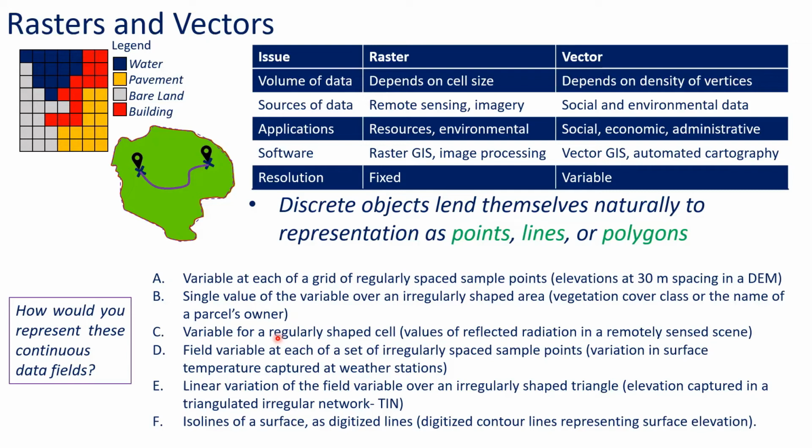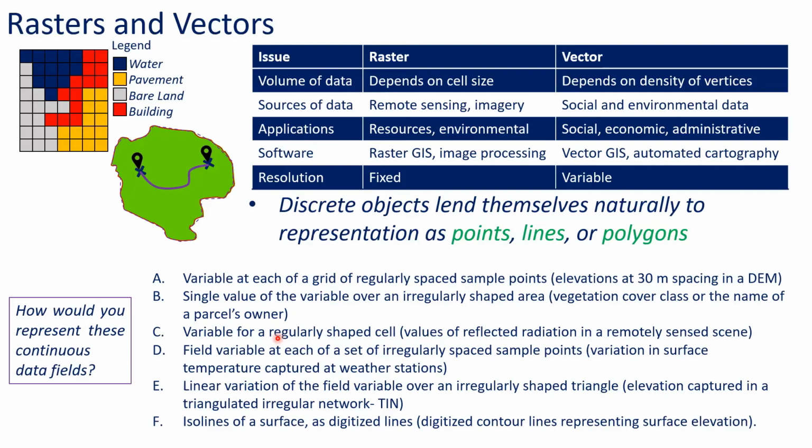Right, so 5 minutes have passed. So tell me what. Okay, A raster, B vector, C raster, D vector, E vector. Okay. A is raster, variable executed regular space. Okay. B vector, C raster, D vector, E vector. So basically, A and C are rasters, others are vectors, right?